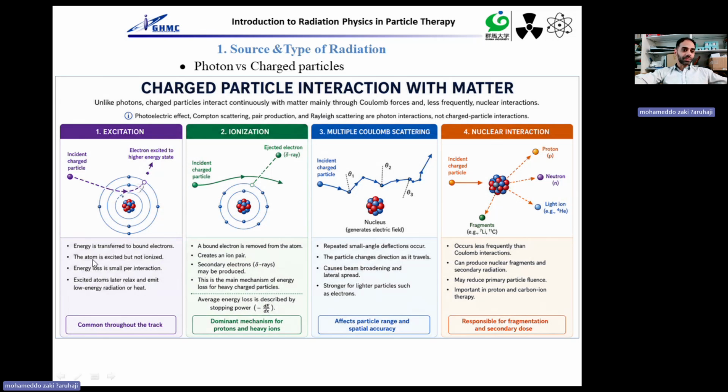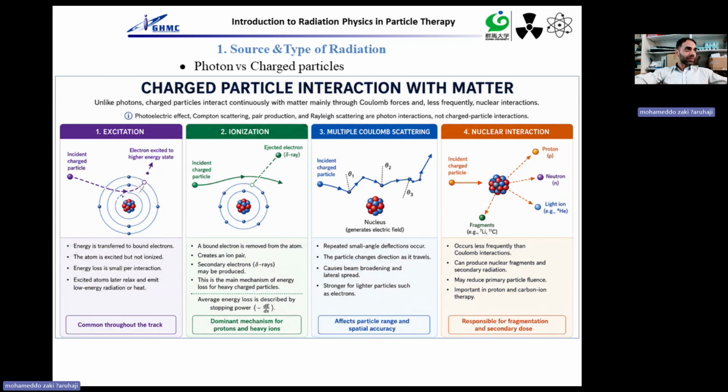Now, the atom will be excited when the electron from the lower shell has gained enough energy to jump to the upper shell, and when this happens, we call the atom excited.